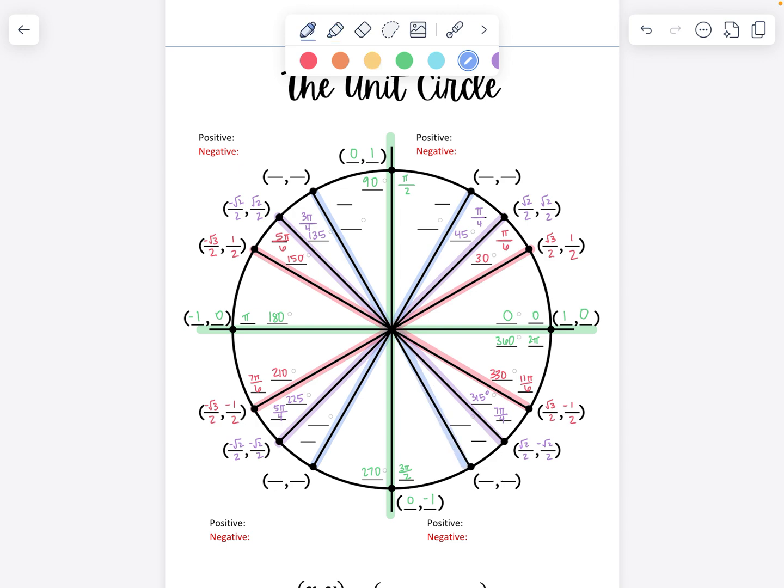So in quadrant 1, I know that it's the 60 degrees. To get to quadrant 2, remember we have to relate it to the x-axis, so I'm going to do 180 degrees minus 60 degrees, which gets me to 120 degrees.